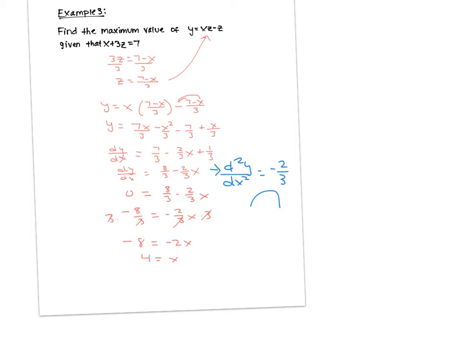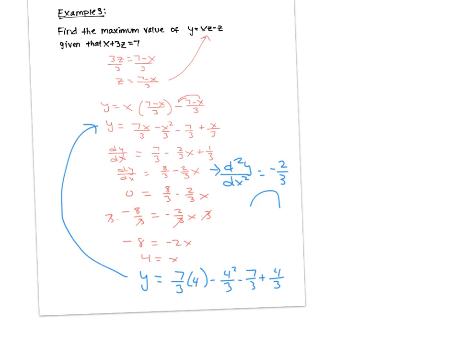So in order to find out what the maximum value is, we're really talking about what is the maximum y value. And so we are going to need to plug that in to our function over here. And so let's see, y equals 7/3 times 4 minus 4 squared over 3 minus 7/3 plus 4/3.